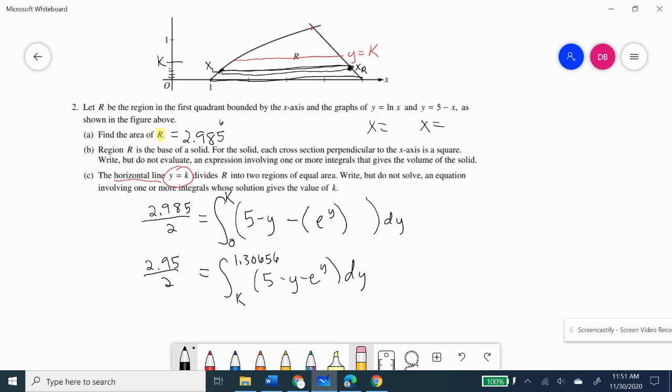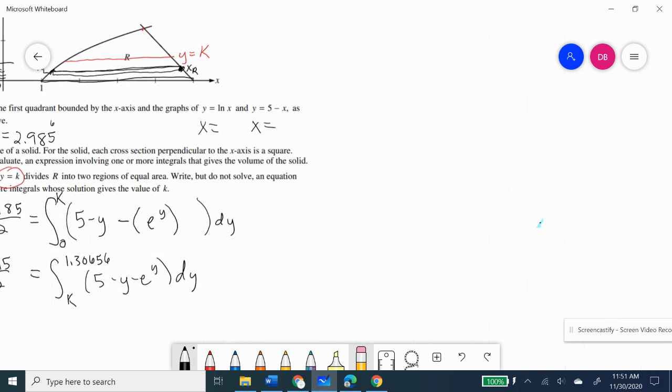Or you could have said the integral from 0 to k is equal to the integral from k to the y coordinate of intersection, and then the area being the 5 minus y minus e to the y. Any of those three are correct, and that is it.